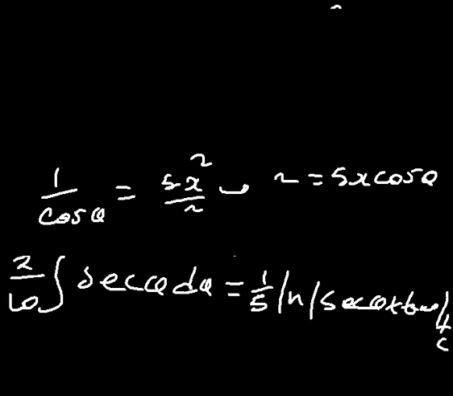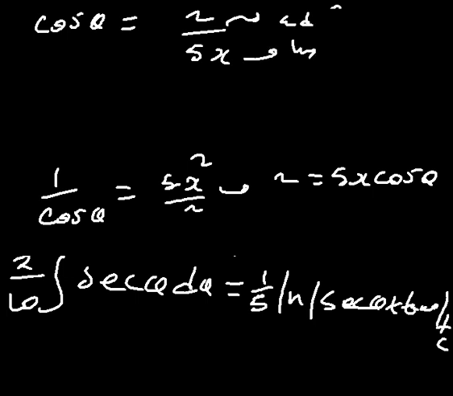And now we take it that cos theta is equal to 2 over 5x. That should be given as that. Now we have this as adjacent and this as the hypotenuse, and we should have the typical right angle triangle.